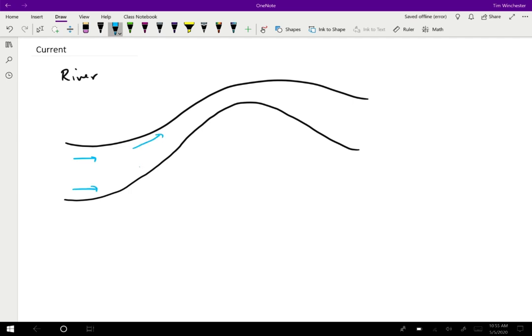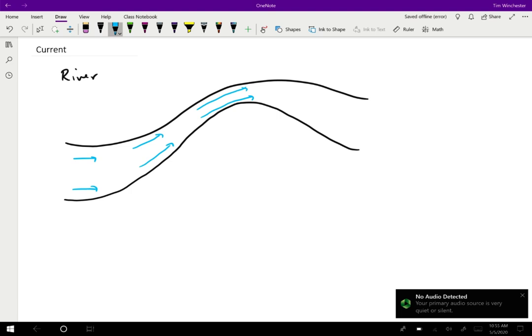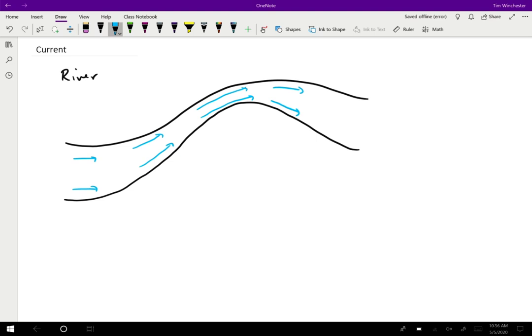And as the river gets narrower, it might speed up. So I'll do longer arrows here to indicate that it's going faster through this narrow spot. And then maybe as it exits, it is going to slow down a little bit again and be going more slowly here.